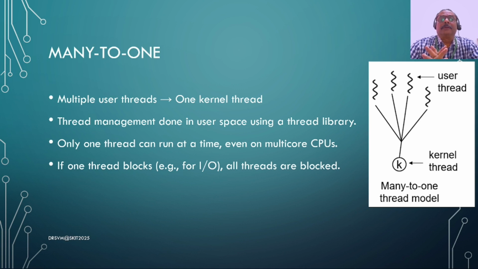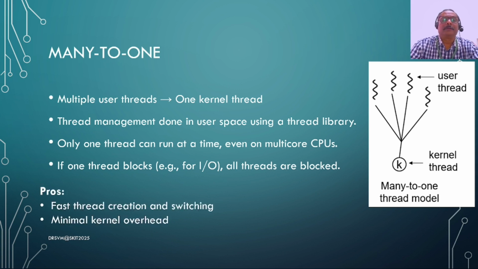So scheduling of the user threads cannot take place, because one user thread has gone into the kernel space and the kernel is working with that thread, and if it is blocked because of some IO operation or something, then till that is completed, no other thread will get a chance to use that kernel thread, and hence all the threads will be blocked.